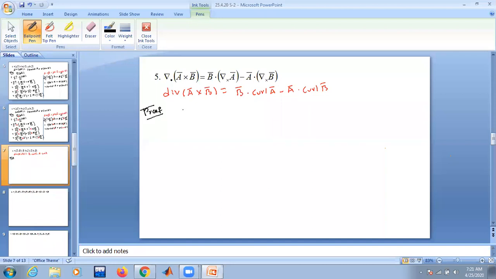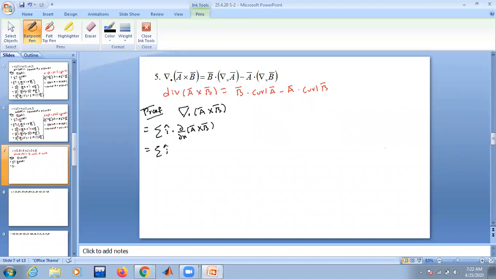So what is LHS? Divergence of a bar cross b bar. So what is the divergence from the definition? Sigma i bar dot dou by dou x of a bar cross b bar. Divergence of a vector is sigma i bar dot dou by dou x of the vector.